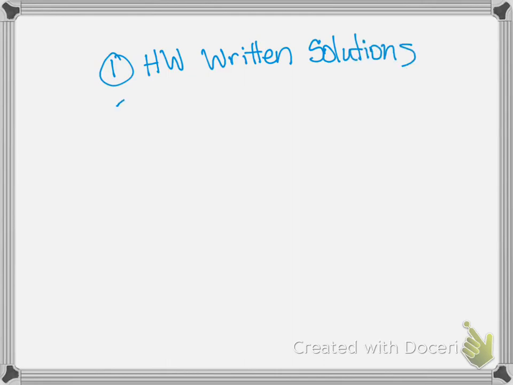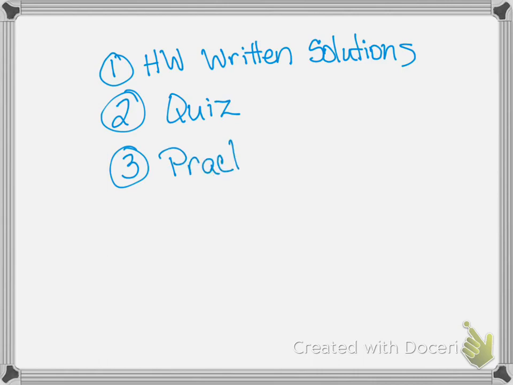Okay? The second thing to review is the quiz that we did a week or so ago. Okay? That quiz is a good thing to review. The third thing to look at is your practice test A. And you've got video solutions to practice test A. And you've also got a practice test B that you can go back to.